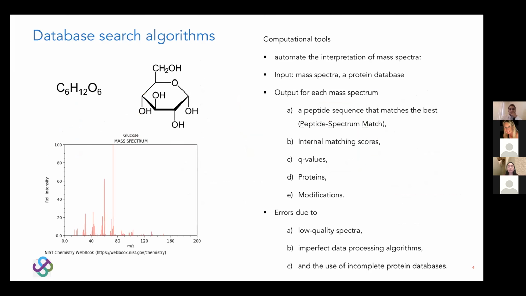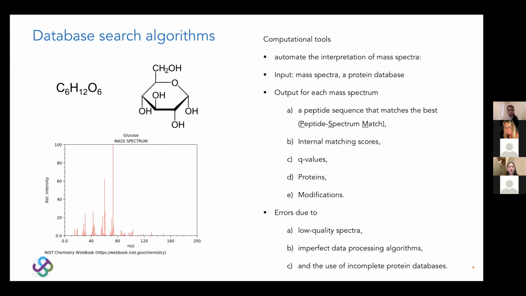Okay, to give you a clearer idea of what a database search algorithm does, here I show a mass spectrum of glucose. Without going into further details, the key message is that we could solve this mass spectrum like we solve a math equation. That is, this mass spectrum contains the information that allows us to tell what chemical molecule it comes from.